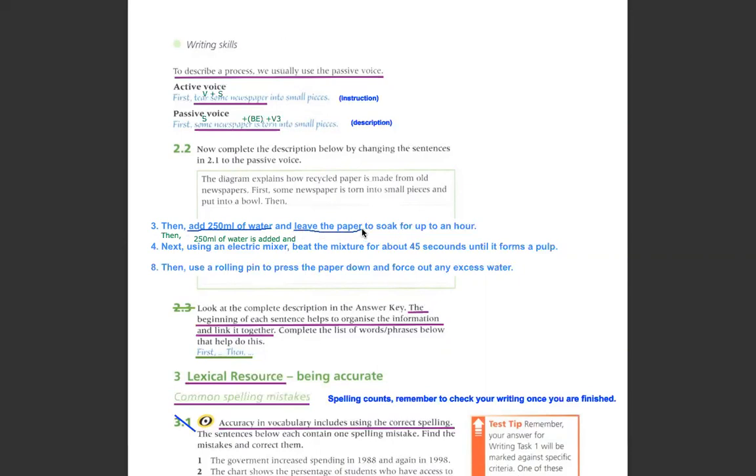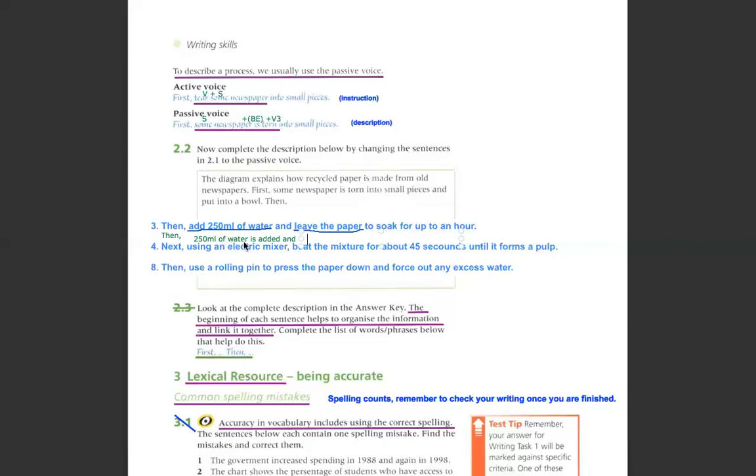Now let's make this passive. Okay, I don't want you to just write the verb, try and write the full sentence so that you can see what the word order is. So it's the same as what we just did here.